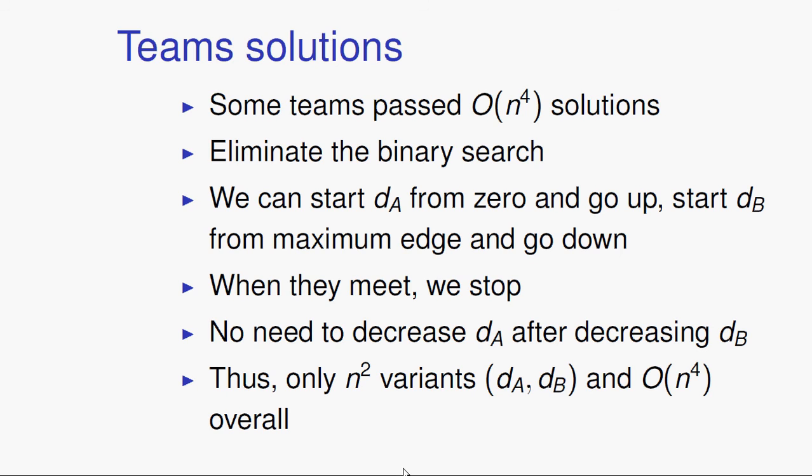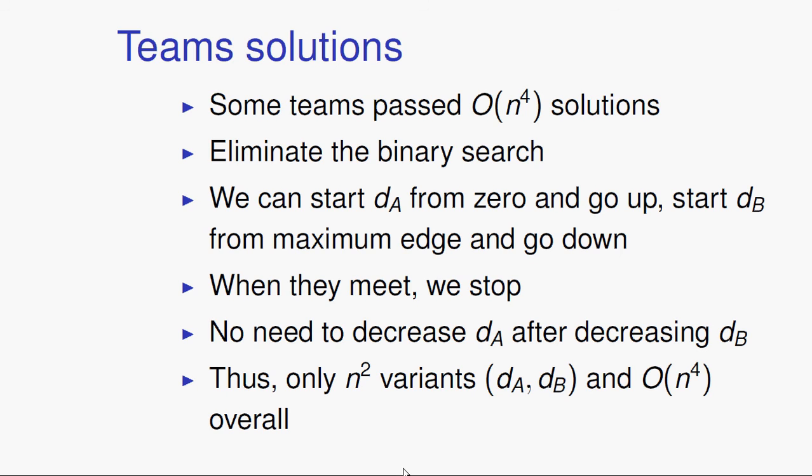If some value of dA was possible for a smaller value of dB, it will be also possible for a bigger value of dB. So when dB goes down, dA must go up. And when dA and dB meet, we stop our search. So there is no need to decrease dA after decreasing dB in the outer loop.